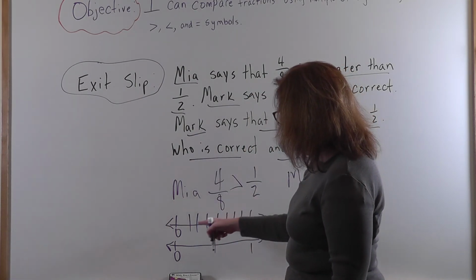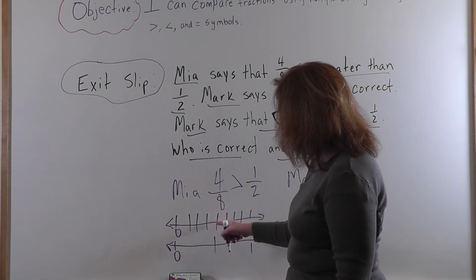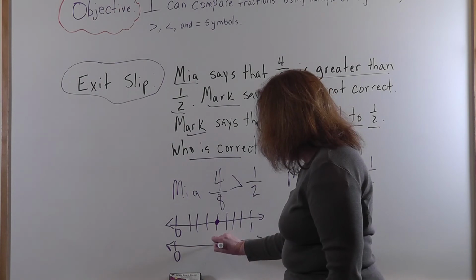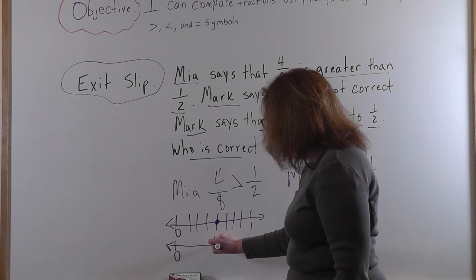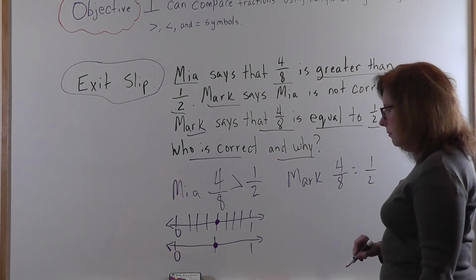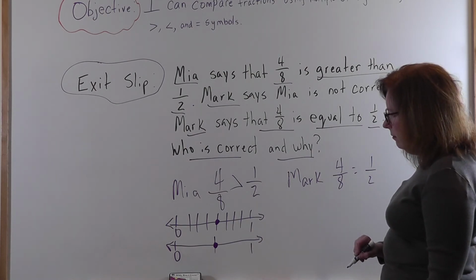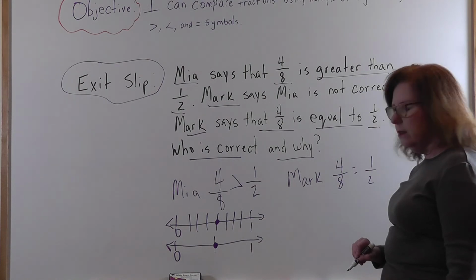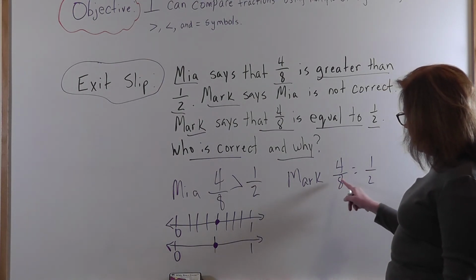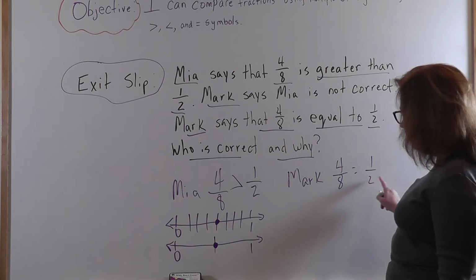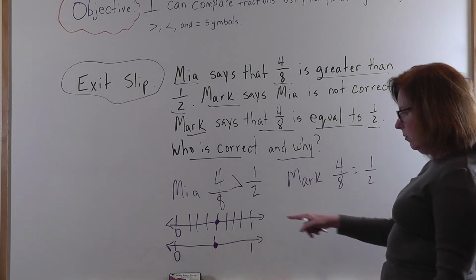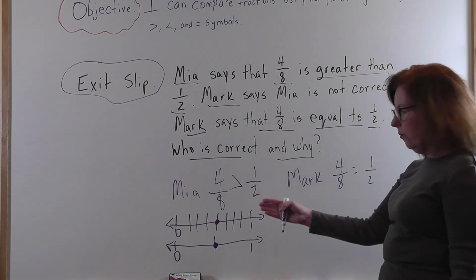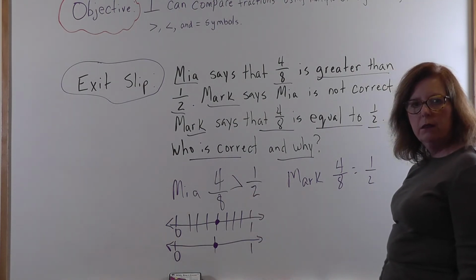Okay, so 4/8 will be 1/8, 2/8, 3/8, 4/8. And then I have a half right here. Well, that looks like it equals one another. So Mark says 4/8 equals a half. So when I compare the two on a number line, I have 4/8 equaling a half.